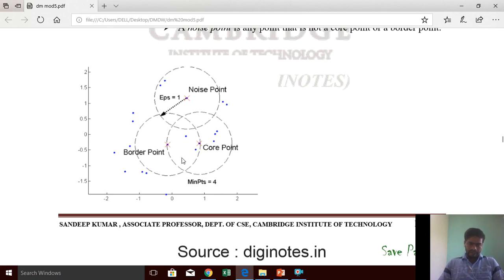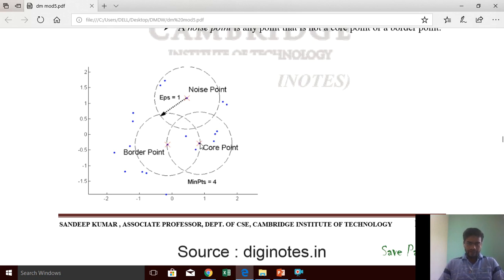Now I have drawn this circle, and how many points are in it? 1, 2, 3, 4 and 5. There are 5 points in this circle. So this point, with respect to which I drew the circle of radius epsilon, has more than 4 points in the circle, so this point is called a core point.